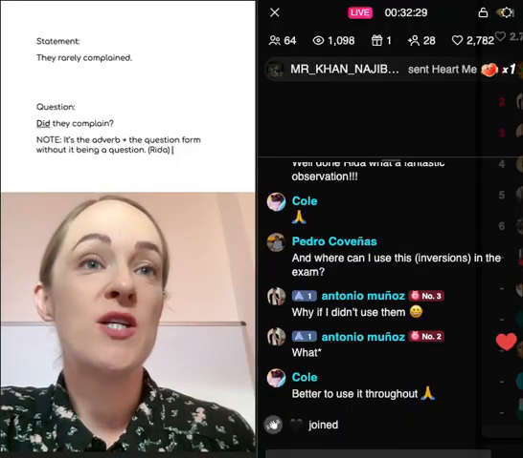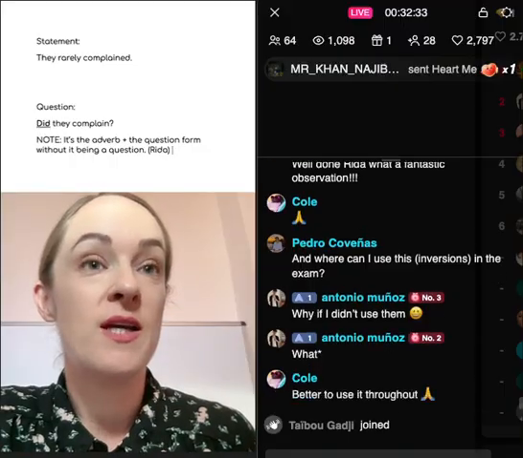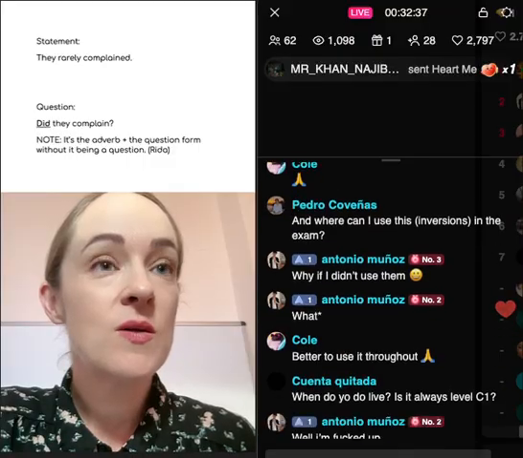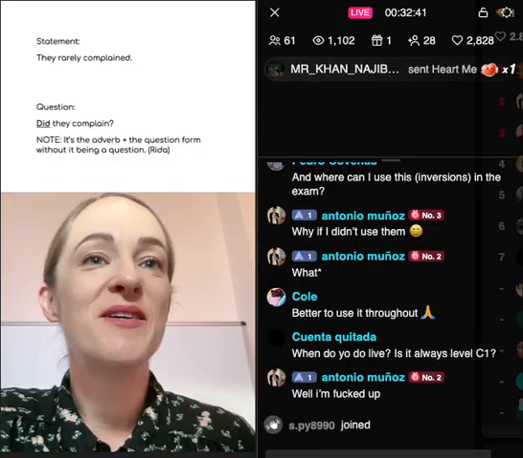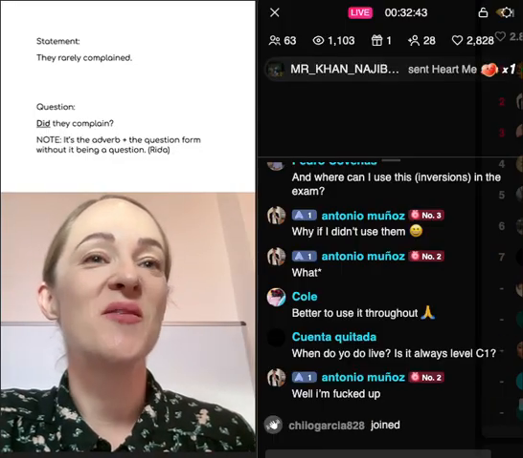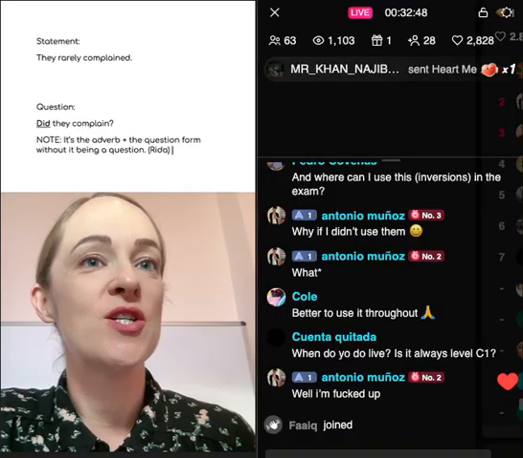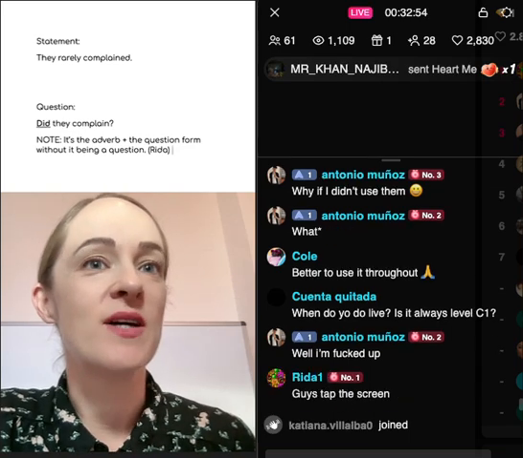Cambridge, you could potentially pass if you also have more high-level grammar in your writing. Don't worry. I'm sure you put other grammar in, right? In your writing, you use conditionals, passive, reported speech. If you have enough of that, you'll be okay.